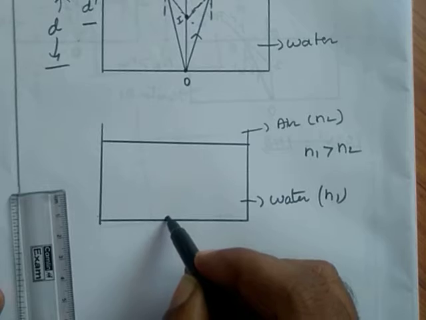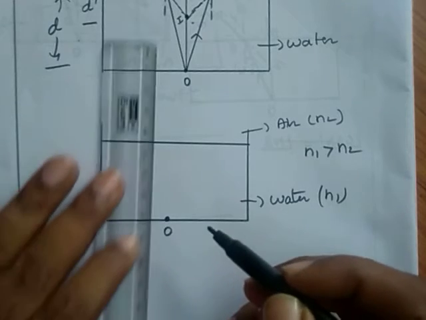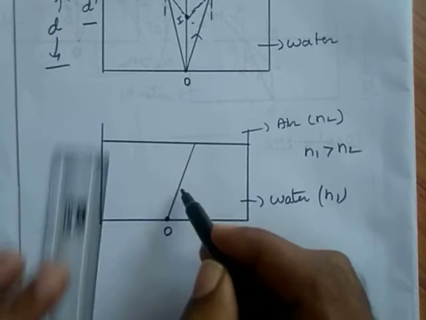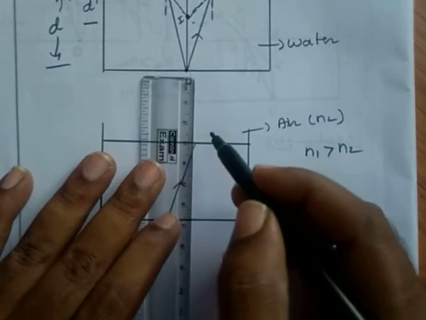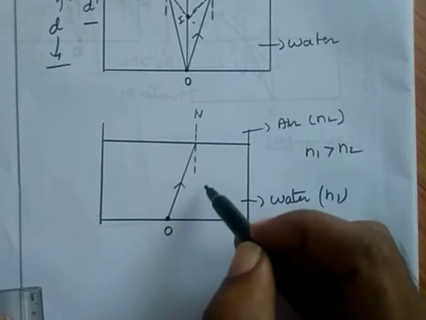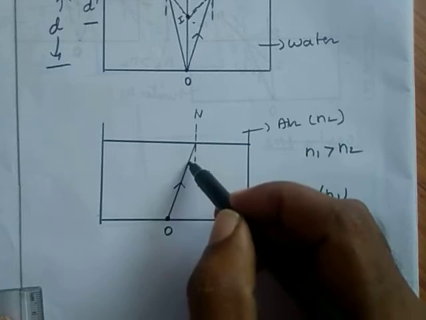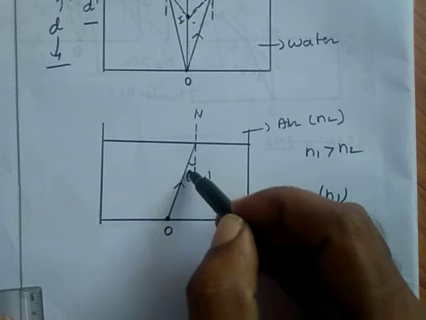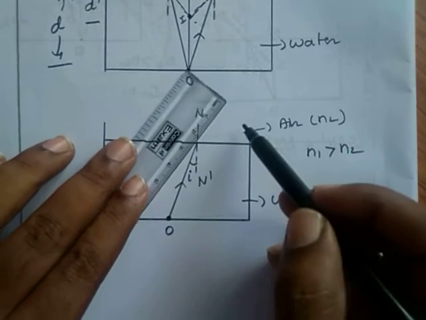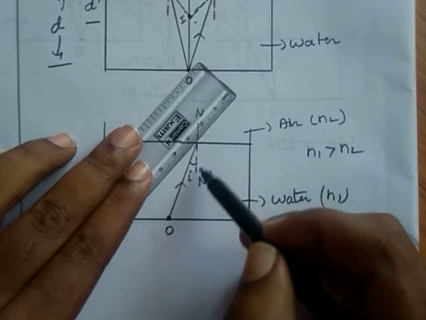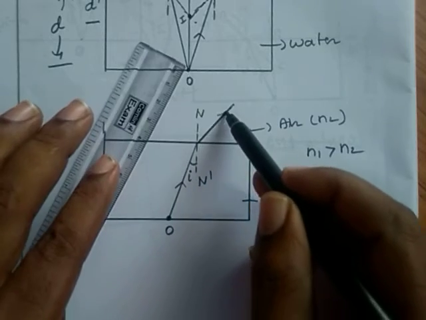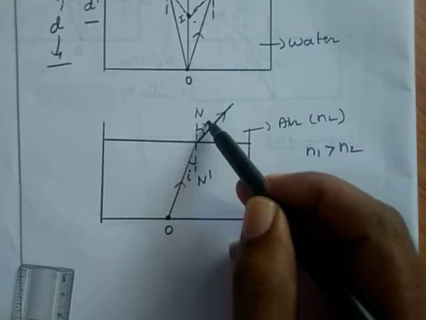Here it is an object named O. A ray of light from the object travels in this direction. At that point I drew a normal named n dash. This angle of incidence is I. It will deviate its path away from the normal because it travels from denser to rarer medium. This is the angle of refraction R.